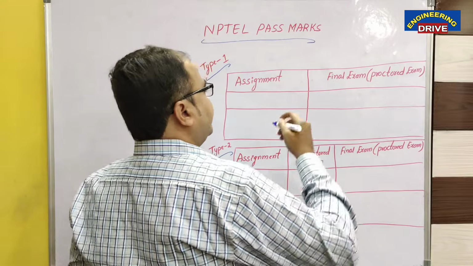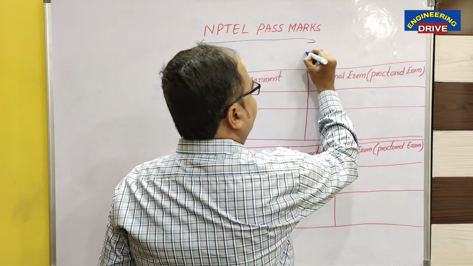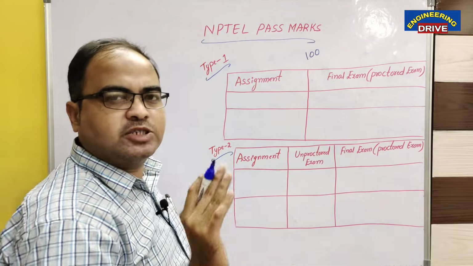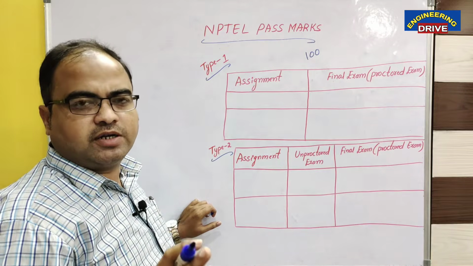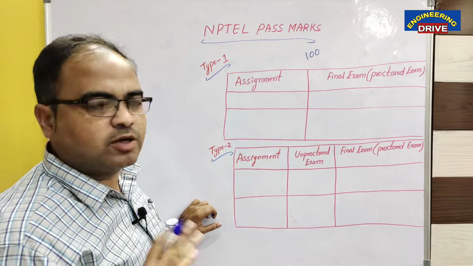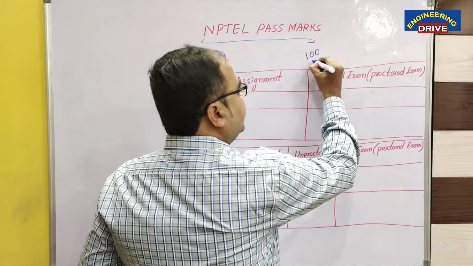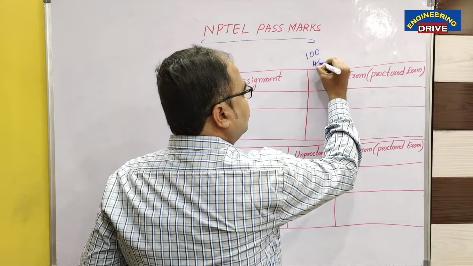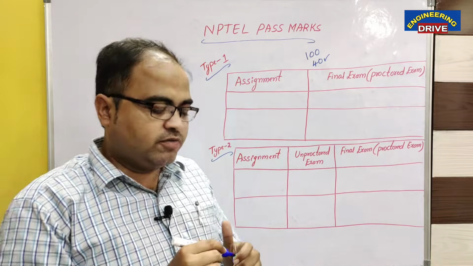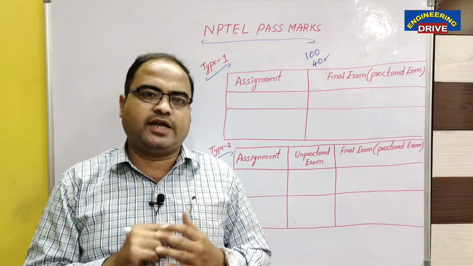Finally, NPTEL evaluates the marks for 100 only. So finally NPTEL is going to evaluate your marks for 100. For 100, how many do we need to get? This is the question. Yes, for 100, in order to pass, you need to get minimum 40 marks. 40 is the passing criteria.